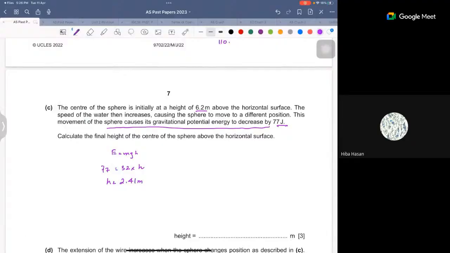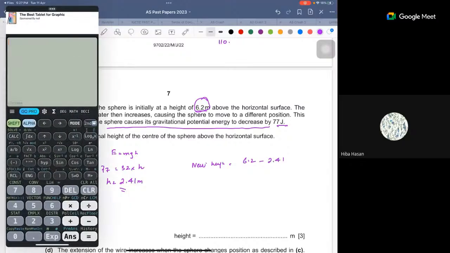And then with that we have 6.2 previously, and the change in height is this much. So the new height is going to be 6.2 minus 2.41, and that's going to be 3.8 or 3.79 also.